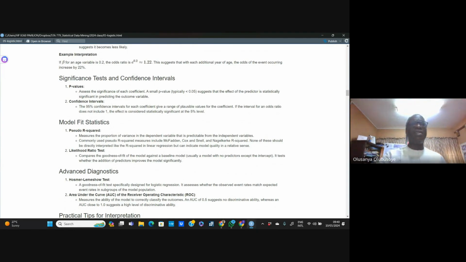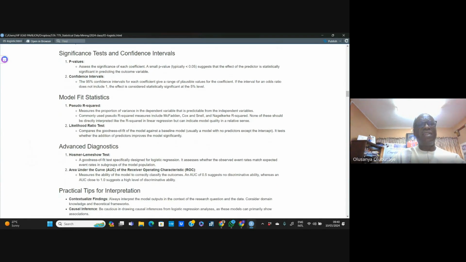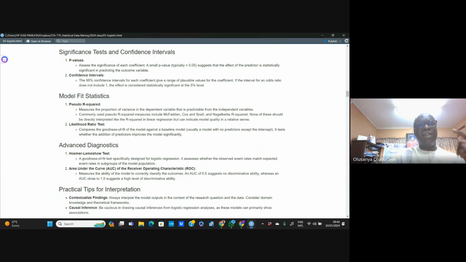Then there are significance tests and confidence intervals that you need to know. As usual, you know how to interpret p-values and confidence intervals. Then the pseudo R-square measures the proportion of variance in the dependent variable that is predictable.